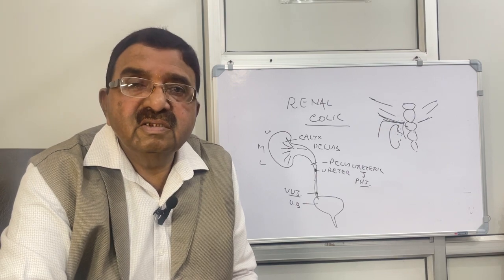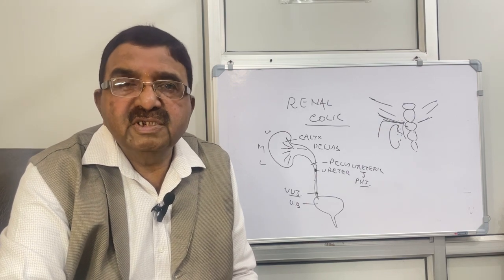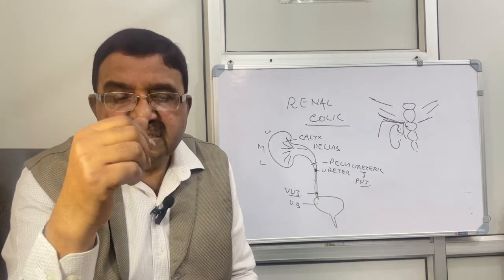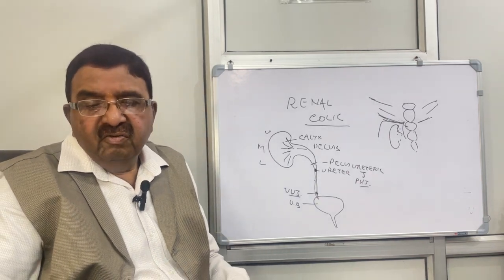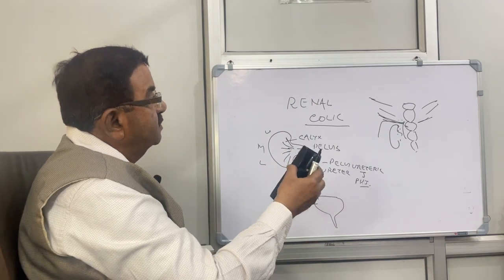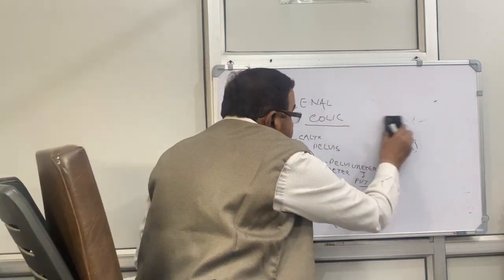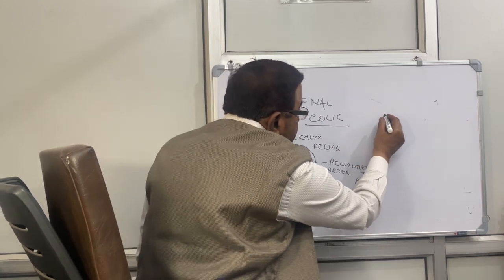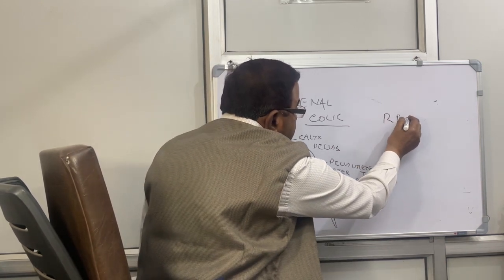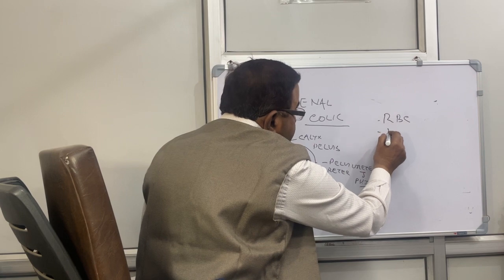The important evaluation for this type of pain in a patient can be: first is urine examination to see whether the patient is having RBCs in the urine, pus cells in the urine, or any other crystals.